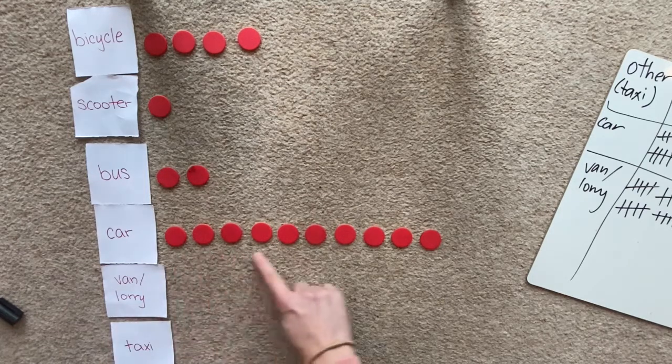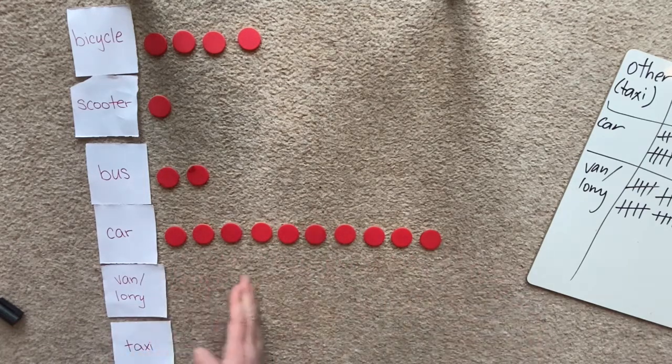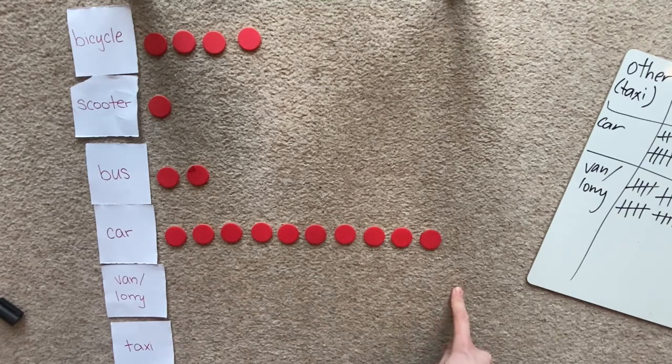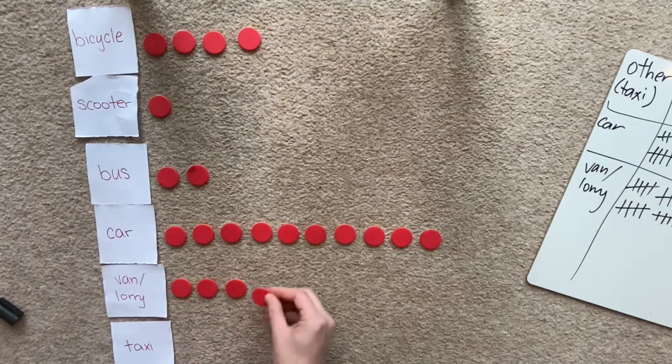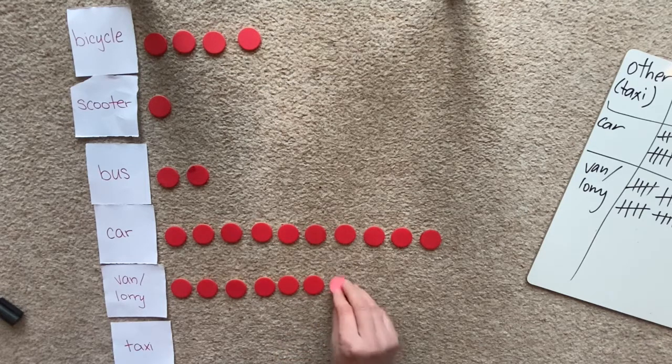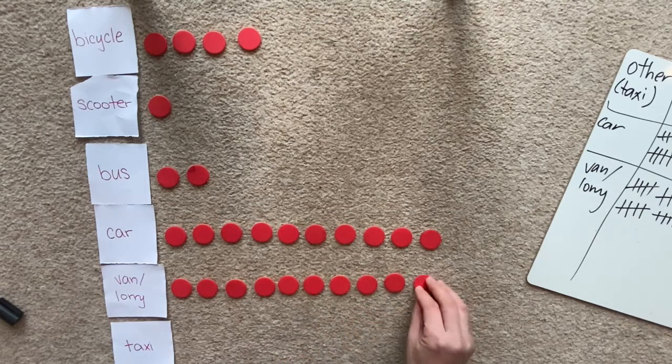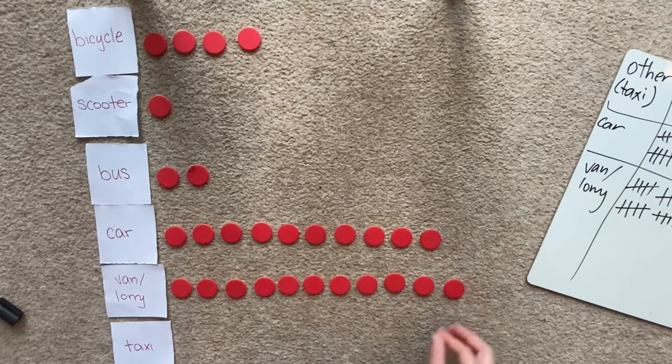So because this is 50, I know I need this many and then an extra one for that extra 5.